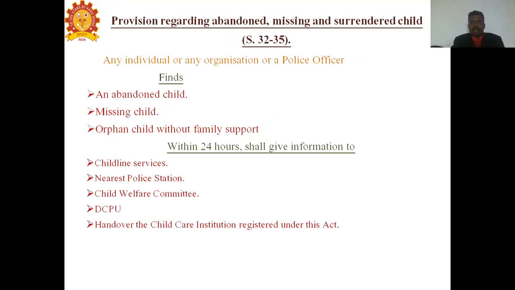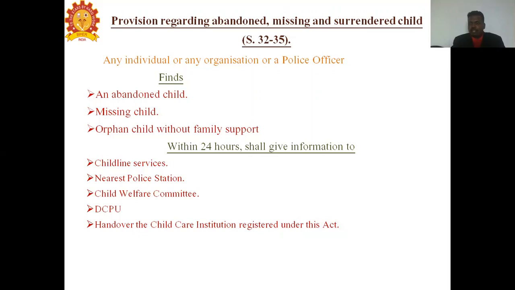Provisions regarding abandoned, missing, and surrendered child, Sections 32 to 35, say that any individual, organization or police officer involved must act. An abandoned child, missing child, or orphan child without family support, or with single parents, widows, poverty, or poor financial situation, must be reported. Information must be given within 24 hours to Childline services, helpline number 1098, and the nearest police station.